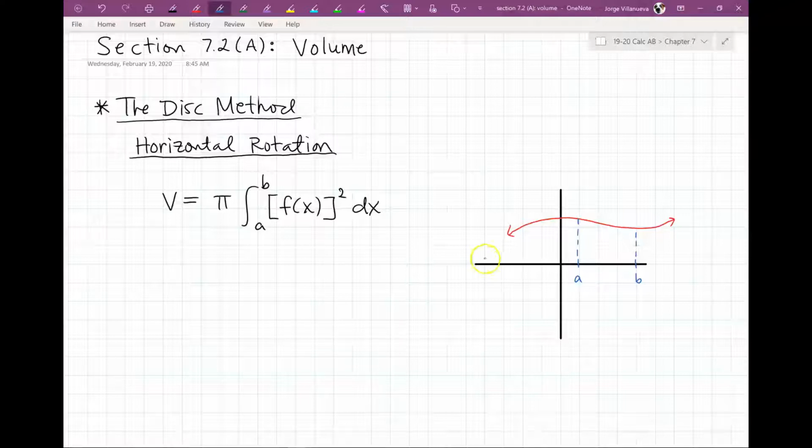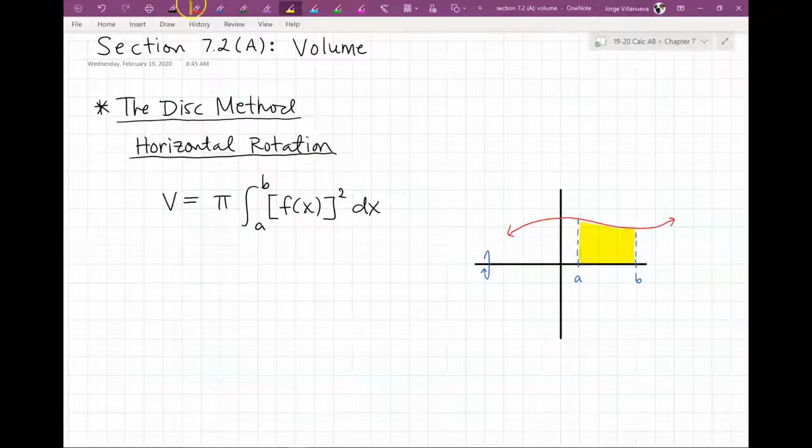We're going to make our x-axis our axis of rotation. That's where we're going to spin it. So here's the area that they're talking about. And we're going to spin that around. Now you'll notice that this area touches the axis of rotation. You guys see that? It's touching, right?